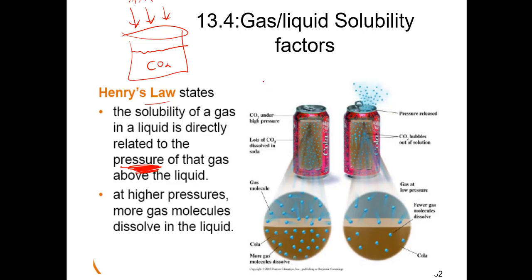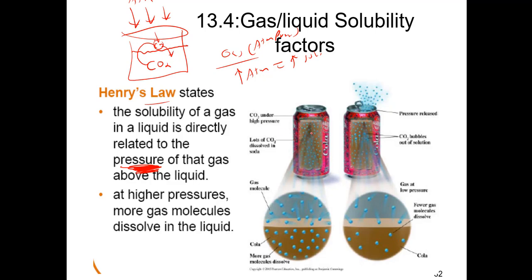Henry's law states that for a gas dealing with an atmospheric pressure, as you increase the atmospheric pressure, you increase the solubility. That's because as the carbon dioxide starts to leave, the gas from the atmosphere pushes the carbon dioxide back in. So just as it starts to come out, it pushes it back in.